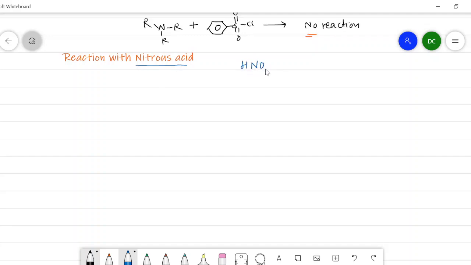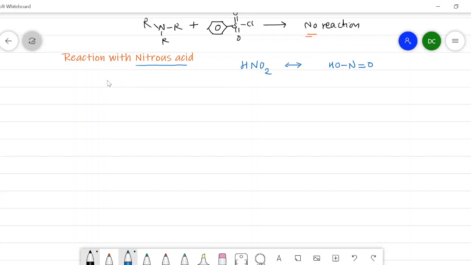Here there is a presence of two oxygens and one hydrogen which are attached to the nitrogen, and the actual structure is like this. Nitrogen is attached with the two oxygens and one oxygen is attached with the hydrogen. This is how nitrous acid has its structure. Now this nitrous acid is unstable, that's why it is prepared within the reaction when it is required.